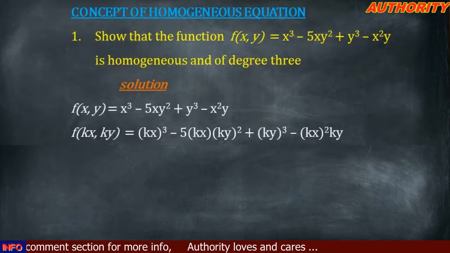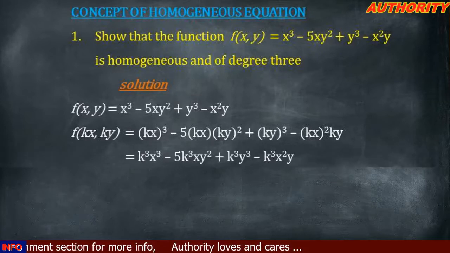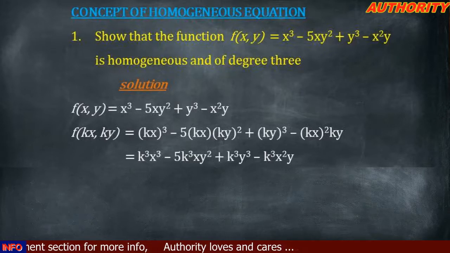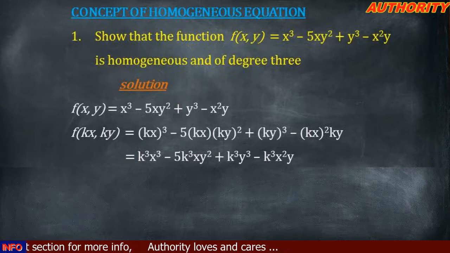All right, good. So let's open this bracket. (kx) cubed is the same as k cubed x cubed. Then we have minus. When we say kx multiplied by (ky) squared, it's going to give us k cubed xy squared.